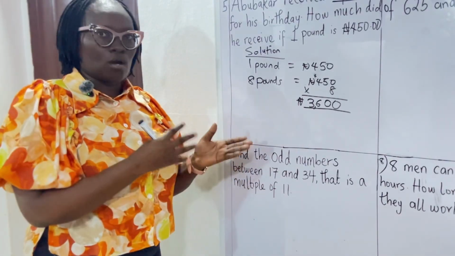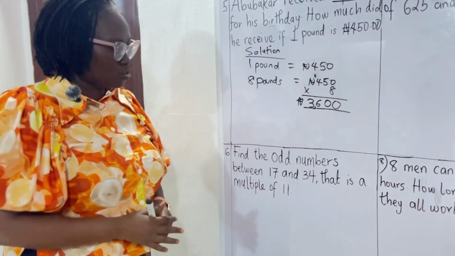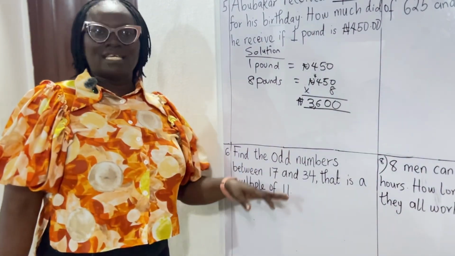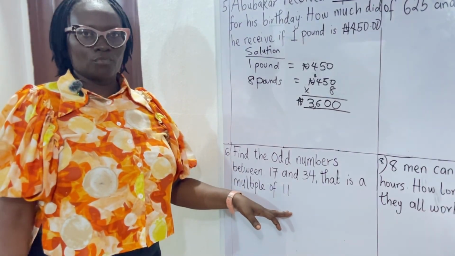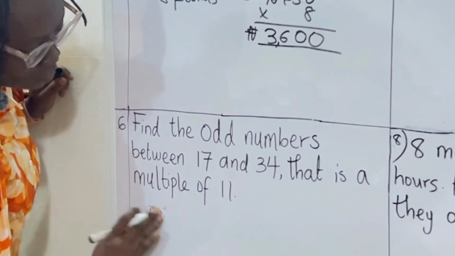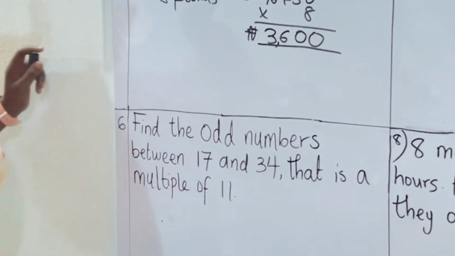So odd numbers are 1, 3, 5, and so on. Then the next condition says it must be a multiple of 11. Okay, so let's do the odd numbers first. So we have 17. Between, so 17 will be out of it because we're not told if it's inclusive.